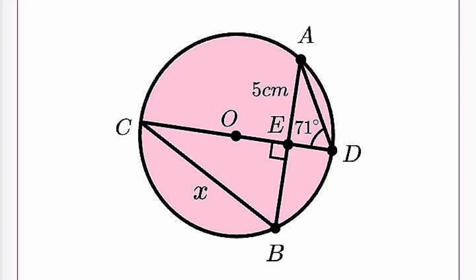We have hypotenuse and adjacent. That means we're invoking cos theta. So if we use cos theta to solve, that's cos 71. Remember, cos is adjacent over hypotenuse. So if we use it to solve, we will discover that X will be 15.4 cm. You can solve that and confirm, but mine is to make sure you understand how to find X.